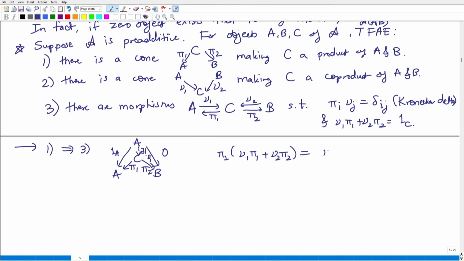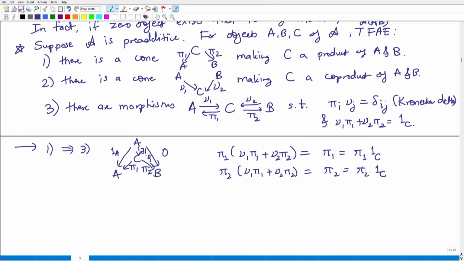So this will be pi 1 and then plus pi 1 nu 2 is 0. So I am not adding anything. So which is equal to pi 1 composed with 1 sub c. And a similar thing holds for this. So this is pi 2, which is the same as pi 2 1c.